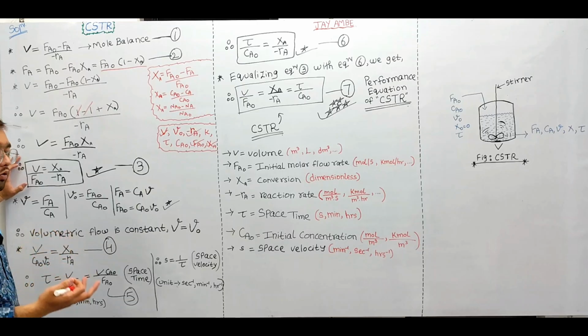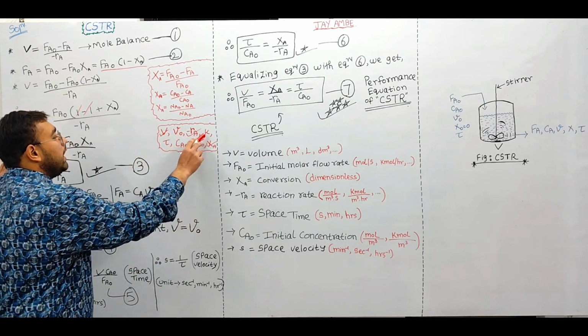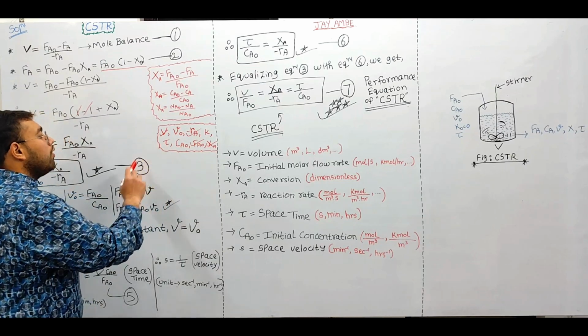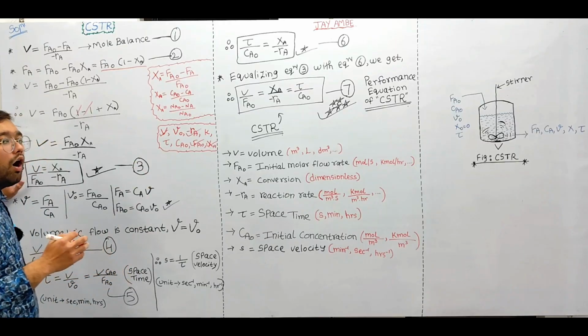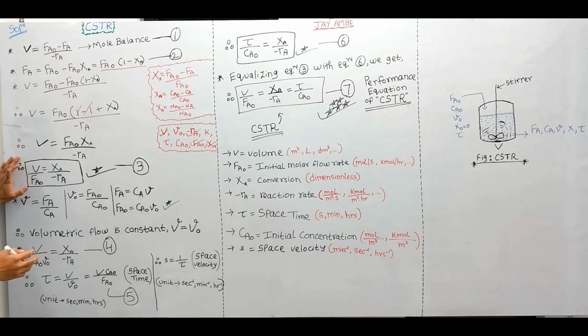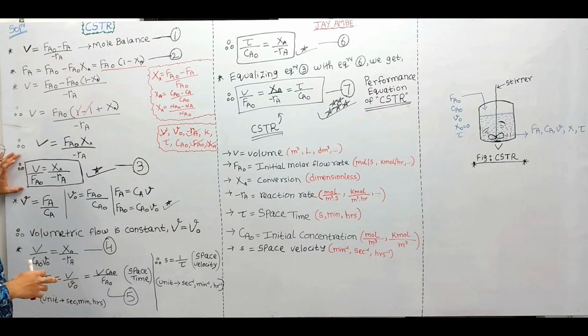If we want to incorporate the volumetric flow rate nu naught, the rate constant k, the space time tau, and the initial concentration Ca naught, how can we do that? I will make you understand how to incorporate all these important variables into equation 3.